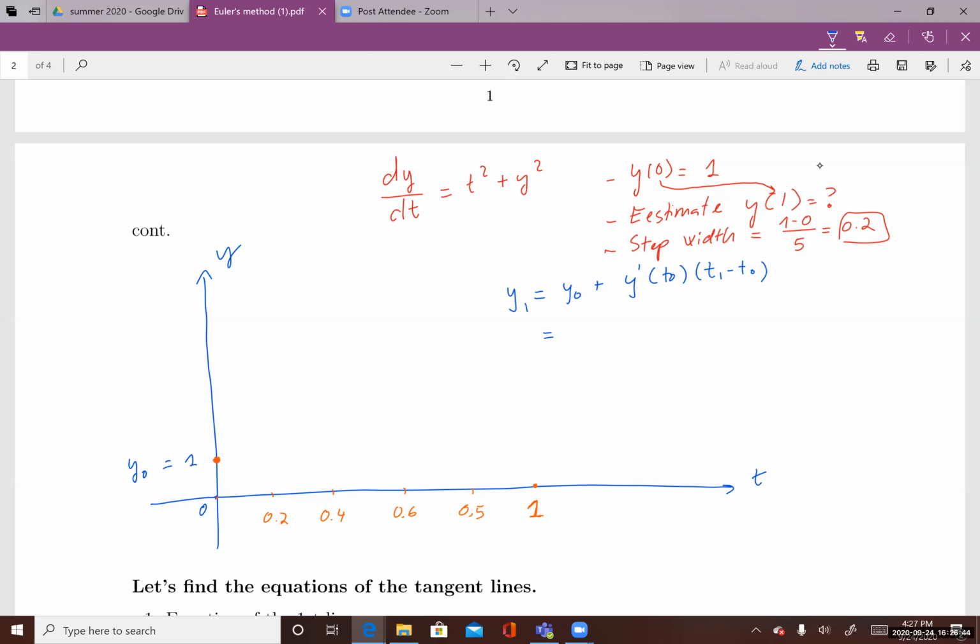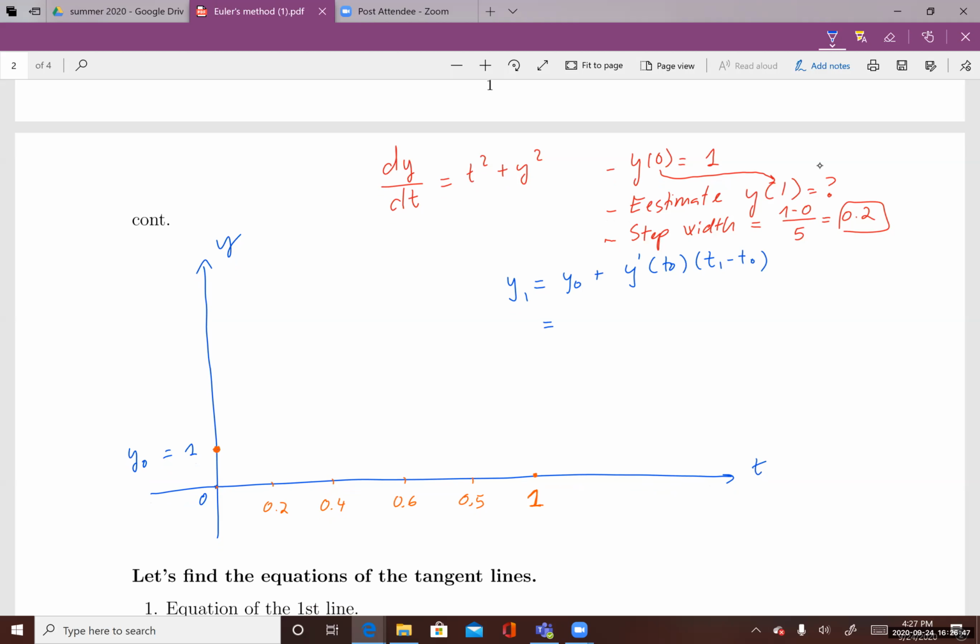Okay, so y0 here is 1, and y prime at t0: if you plug 0 into t and 1 into y, the y prime will be just 1. And the difference between the two steps is 0.2. So that means the next step, y1 will be 1.2. Okay. y1 equals 1.2.